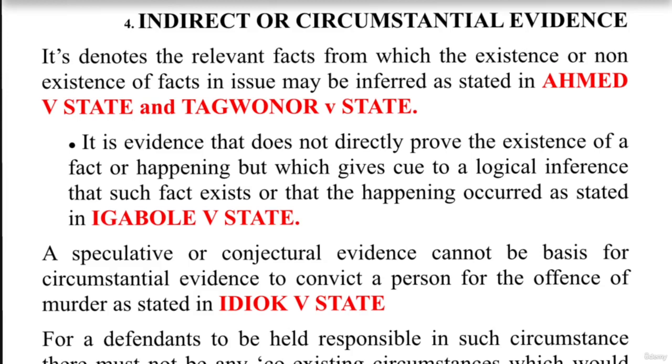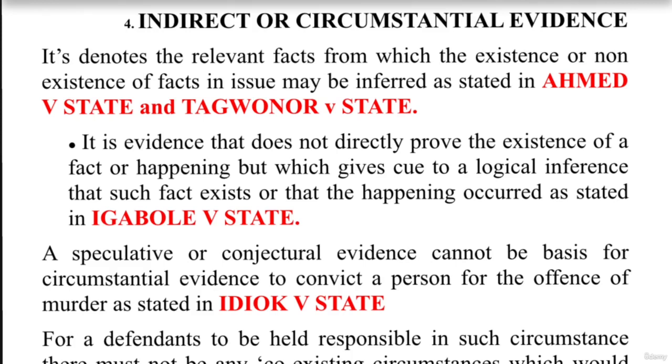It is the evidence that does not directly prove the existence of a fact or happening, but which gives cue to the logical inference that such fact exists or that the happening occurred, as stated in the case of IGABOLE versus the state.